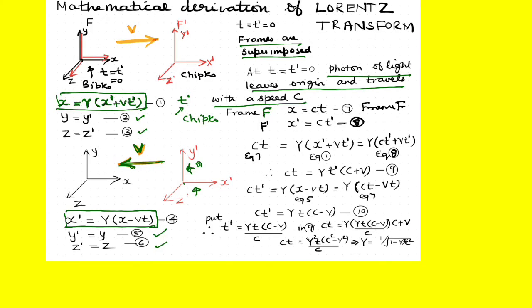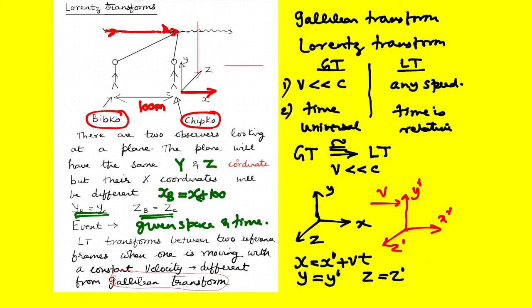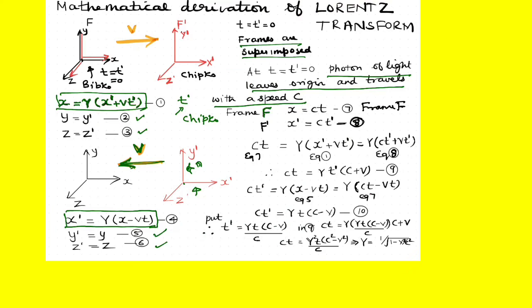But instead of x, I am substituting it from equation 1 as gamma into x dash plus v t dash, and now the x dash is replaced as c t dash.